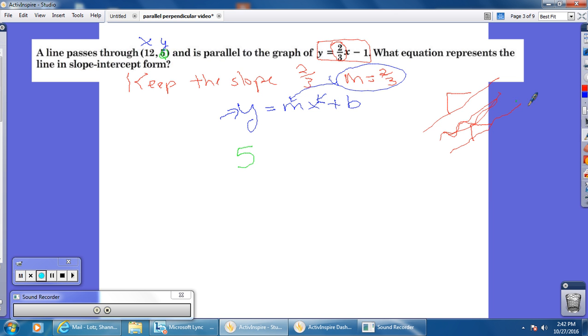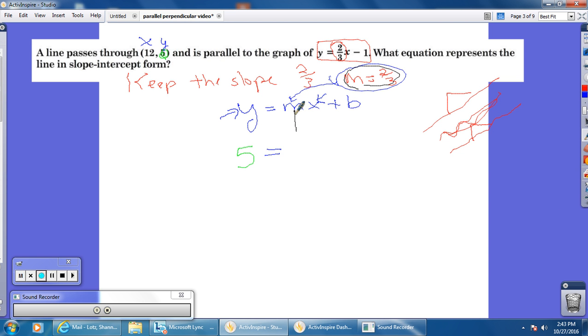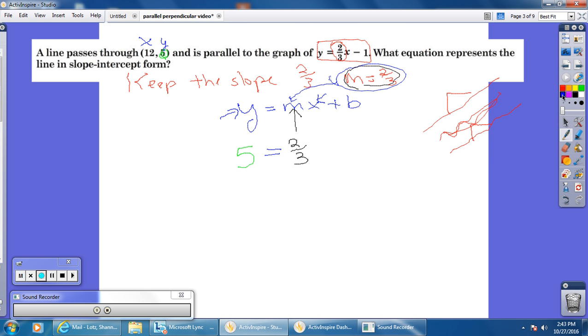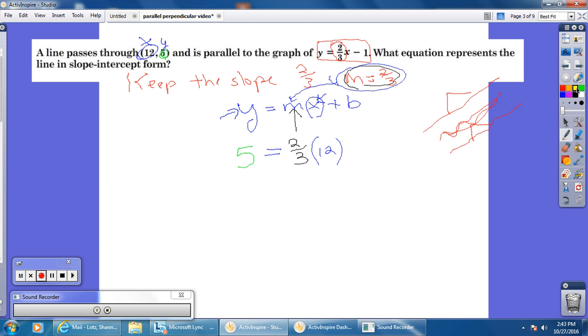That's my y, is equal to my m, 2/3, right there. And then x is 12, I'm going to put it right there, plus b. Alright? Here's my equation: here's my y, my slope, and my x. Now I solve it for b.